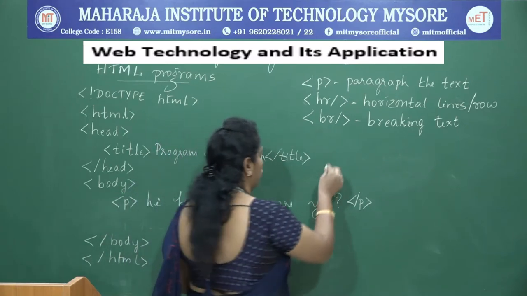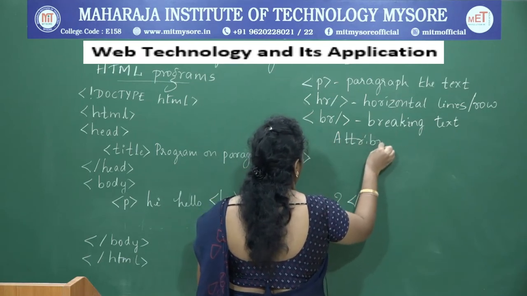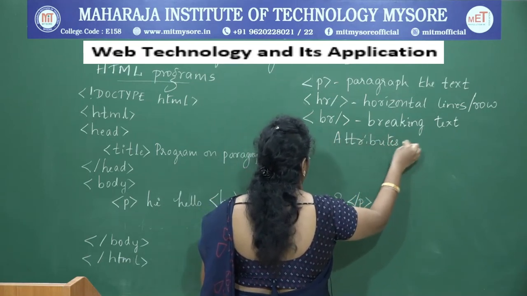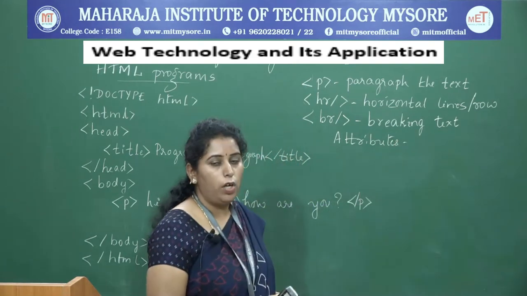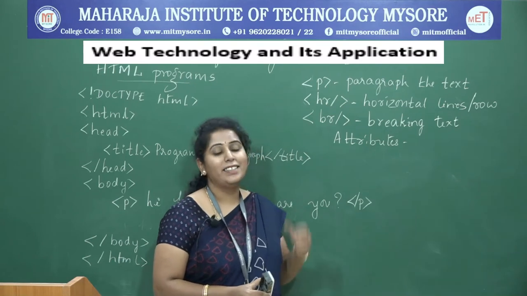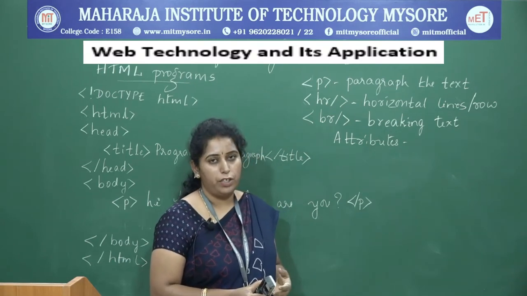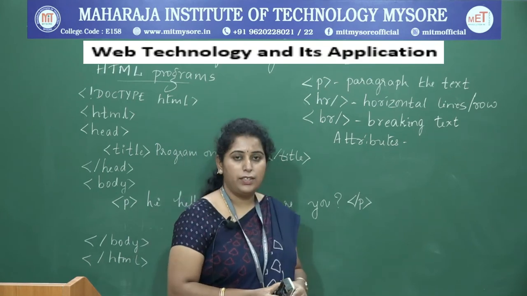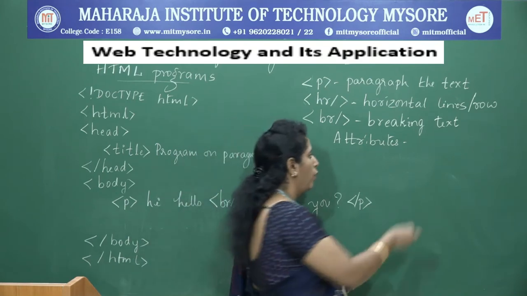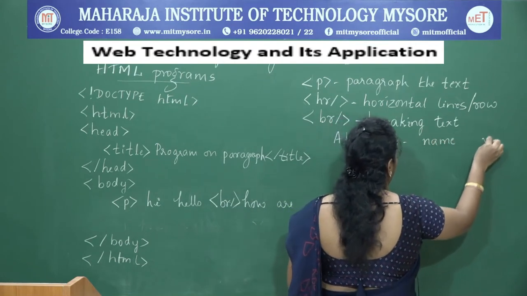that is attributes. So what are attributes? Attributes are used for providing detailed or additional information. Attributes consist of two components: one is name and the second one is value.